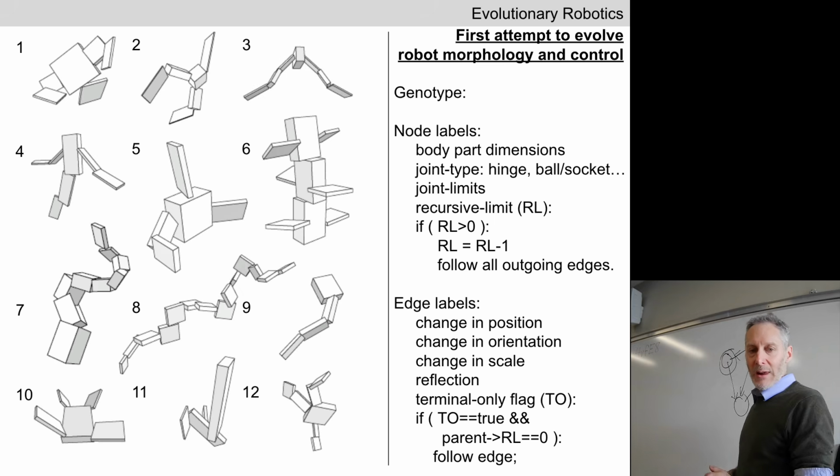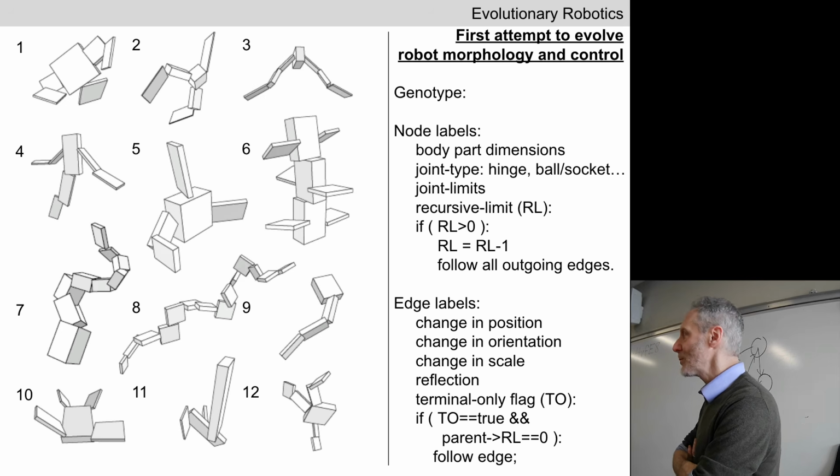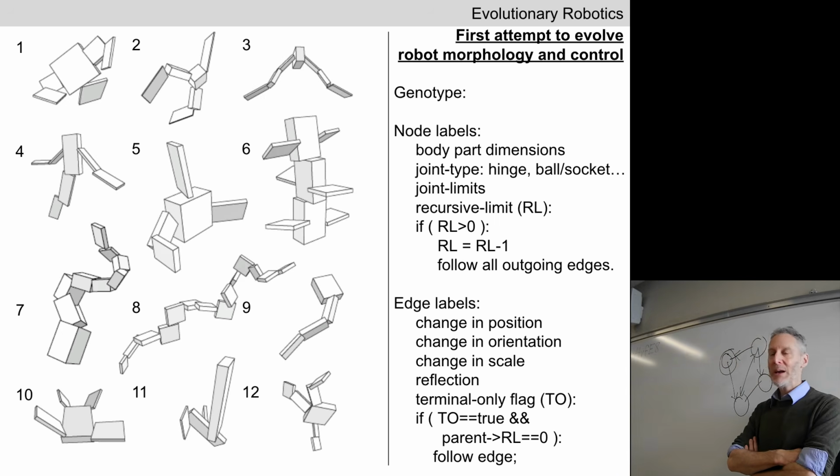Okay. To cleanse our palate, let's play a little game. Here are 12 different phenotypes. With pen and paper or whatever you have in front of you, pick one of them and see if you can reverse engineer it. Can you draw the genotype that you think produces that phenotype? We don't have a lot of time today.